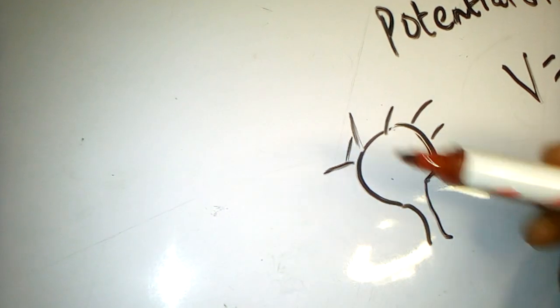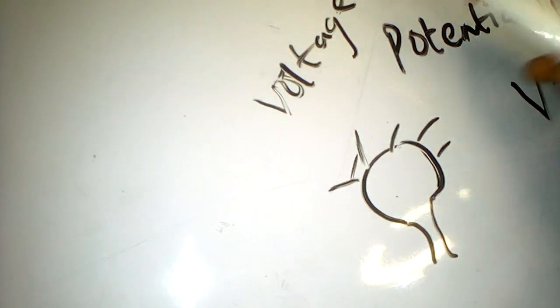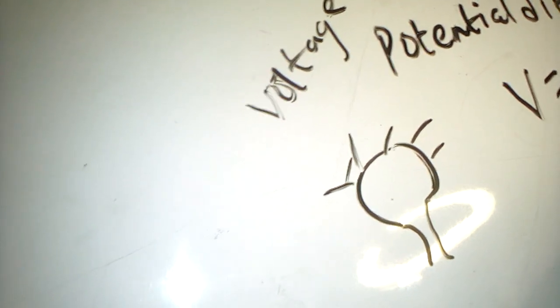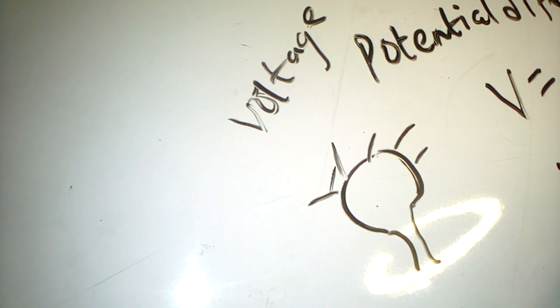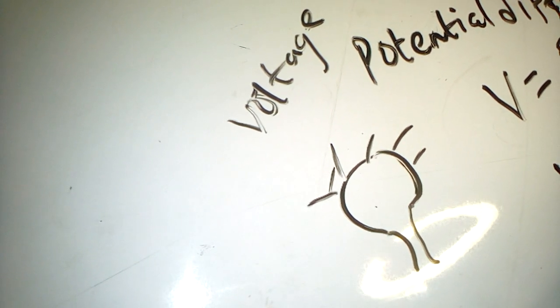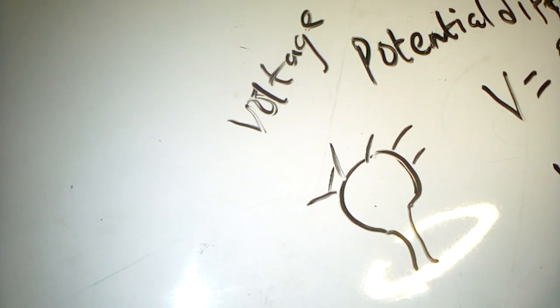The higher the potential difference, which you can call voltage, the brighter it is. Voltage is just a potential difference between two specific points. So when we say the voltage is high, it means the potential difference is high, and that implies the bulb will light more because the bulb receives more energy when the potential difference is high.